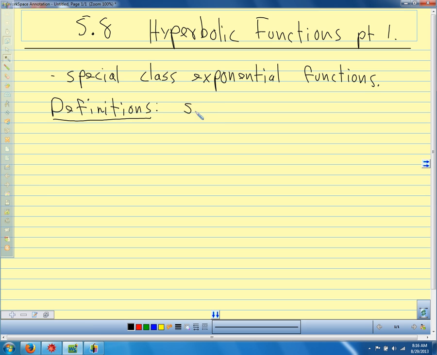We call this the hyperbolic sine. You can pronounce it sinh. Sinh x is e to the x minus e to the minus x over 2.